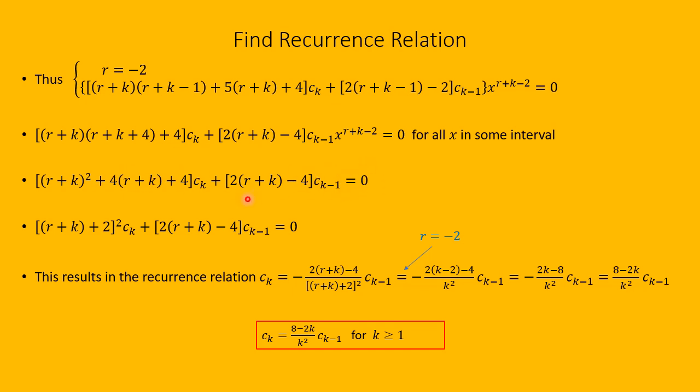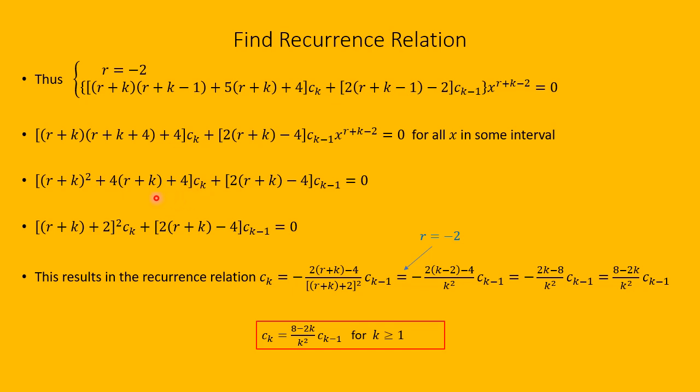Now, if you look at this carefully, you'll see that we have something here times c sub k plus something here times c sub k minus 1 equals 0. We can subtract, for instance, this from both sides of the equation, and then we could divide by this quantity here to solve for c sub k.